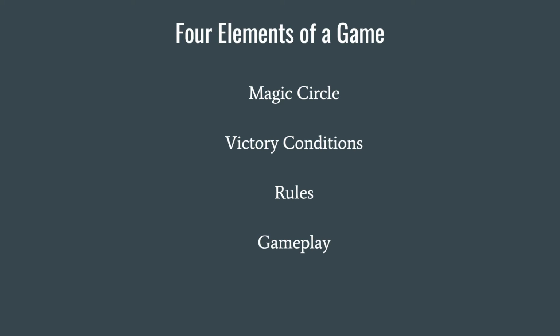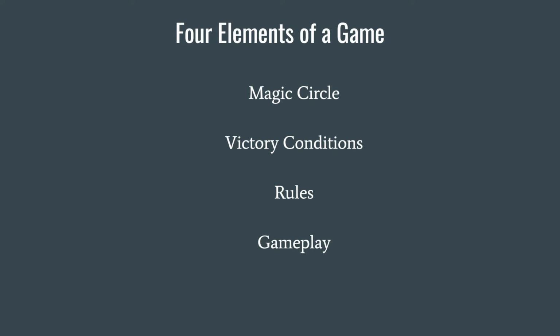So the core mechanics are not the rules. The rules are what the player can and cannot do. The core mechanics aren't the rules. The rules are what the player is and what the player can and cannot do. Gameplay is the core mechanics. Gameplay is how the game is played.